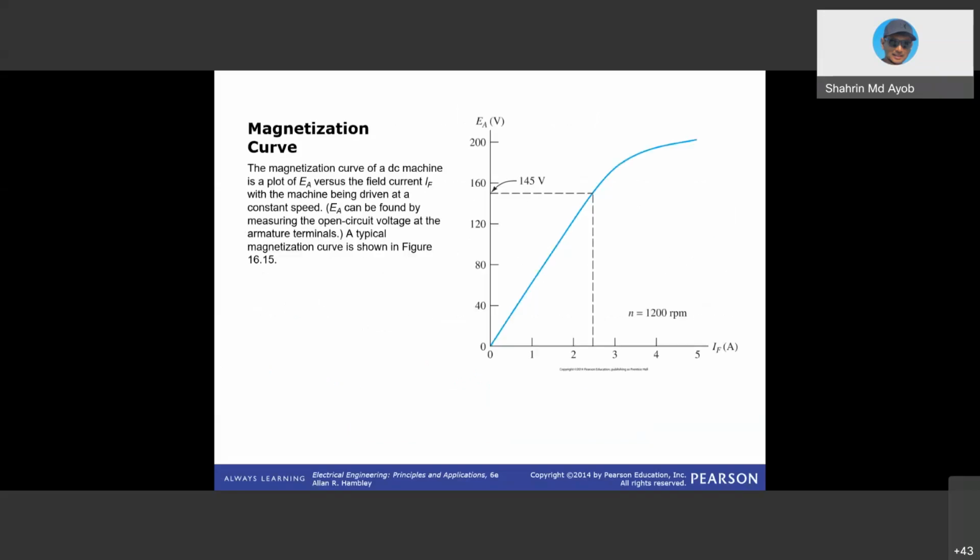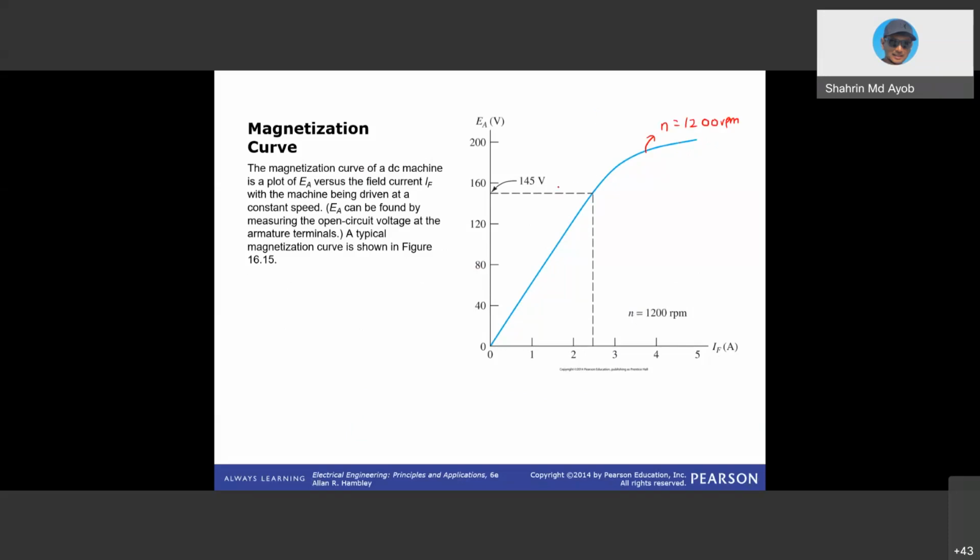So this is the magnetization curve, which is the relationship between EA versus the field current, for a given speed. This is the curve for when n is equal to 1200 RPM. For a different speed, you will have a different curve.